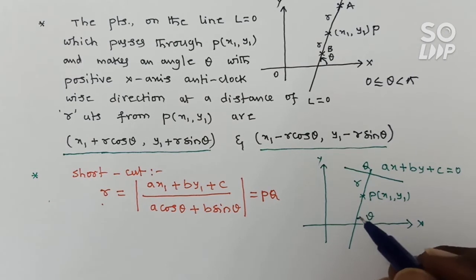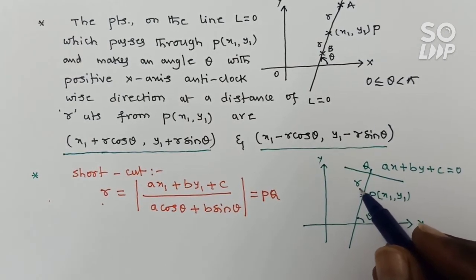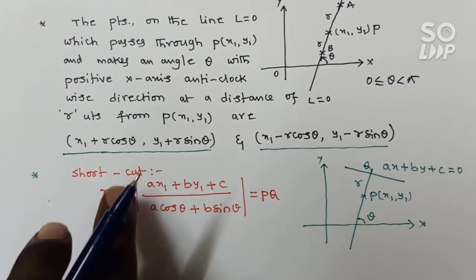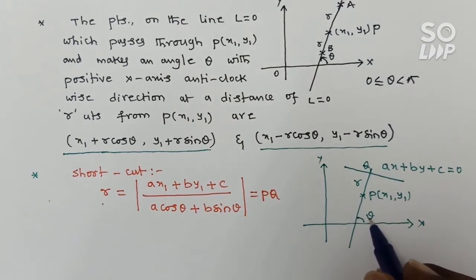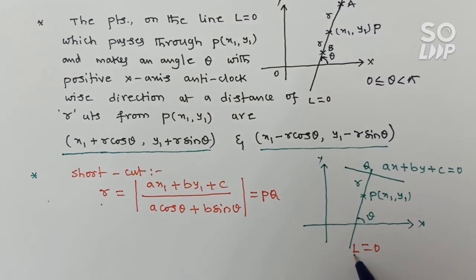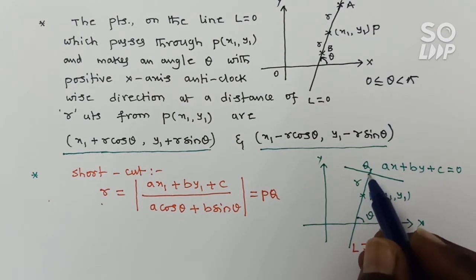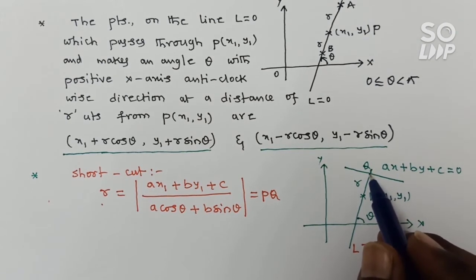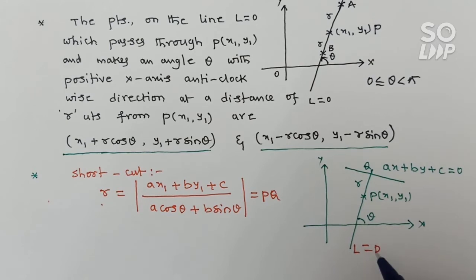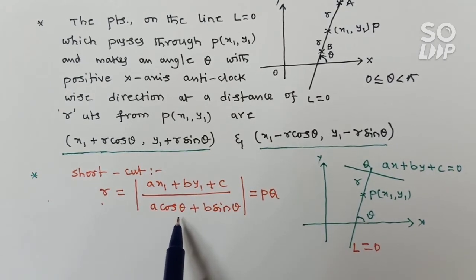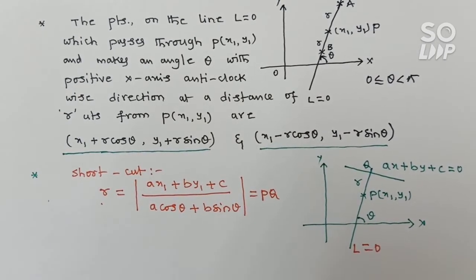At the same time, if we know the r value, we can use the same formula to find theta, the inclination of the line L. Here, line L passes through P equals x1, y1 making an angle theta, and intersects the other line ax plus by plus c equals 0 at a point Q. Then the inclination of the line L can be found by simplifying a cos theta plus b sin theta, and you get the theta value.